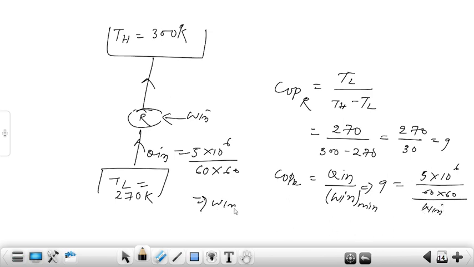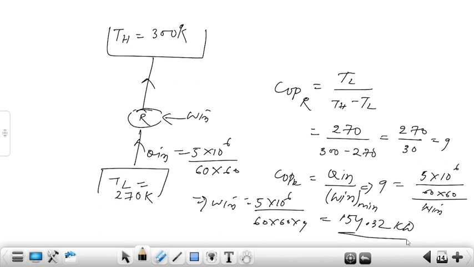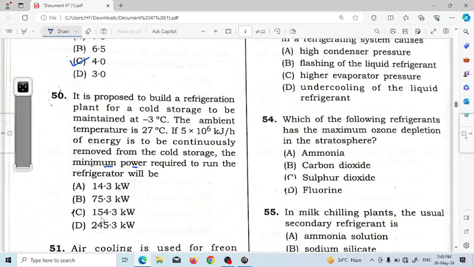So W in is equal to 5 into 10 to the power 6 divided by 60 into 60 into 9. So the answer will be 154.32 kilowatt. So option C is the correct answer.